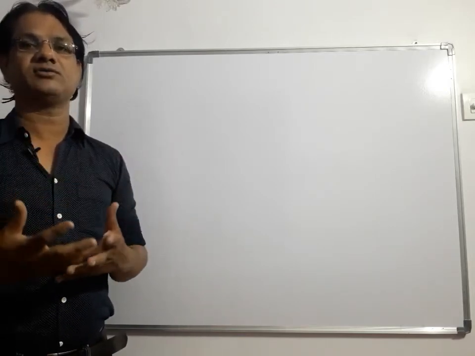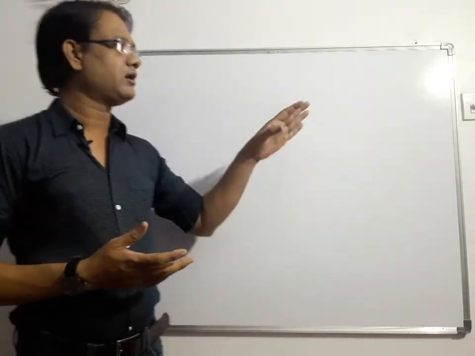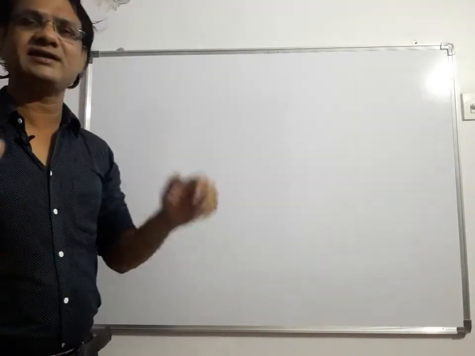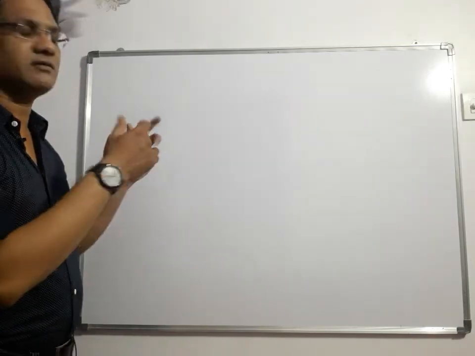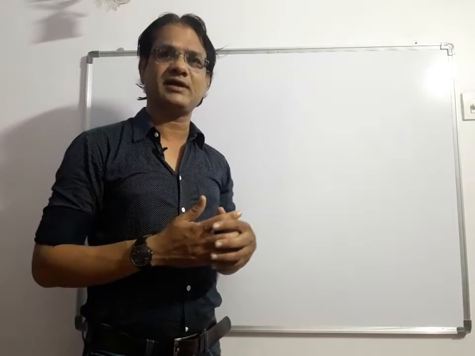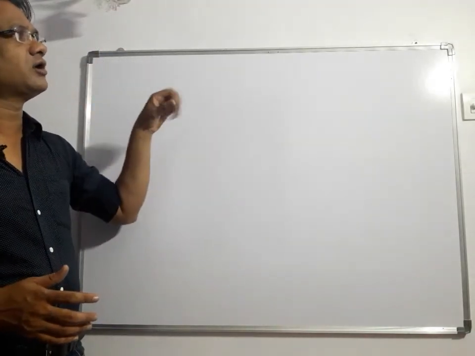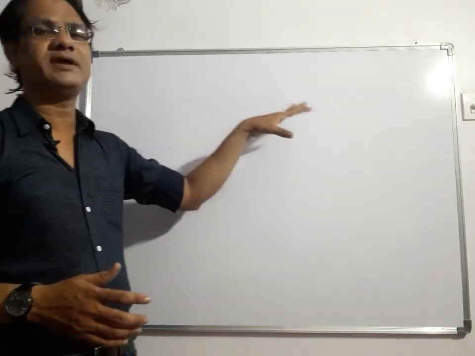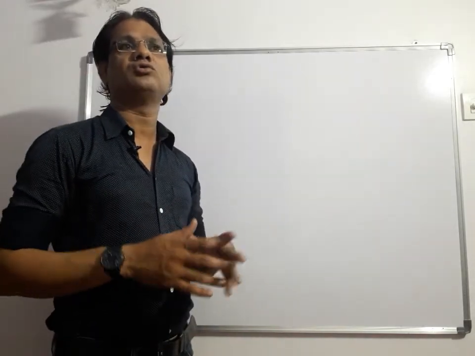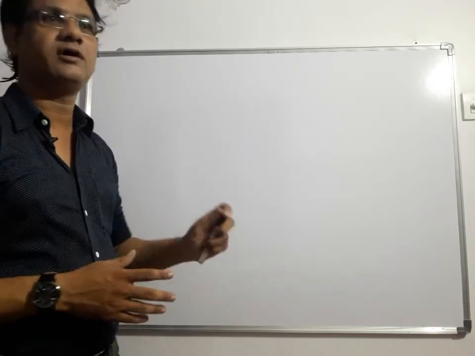All the methods are very easy, but in the second and third lectures we'll use some tricks. Today I will teach you a very basic method of how to balance a chemical equation.